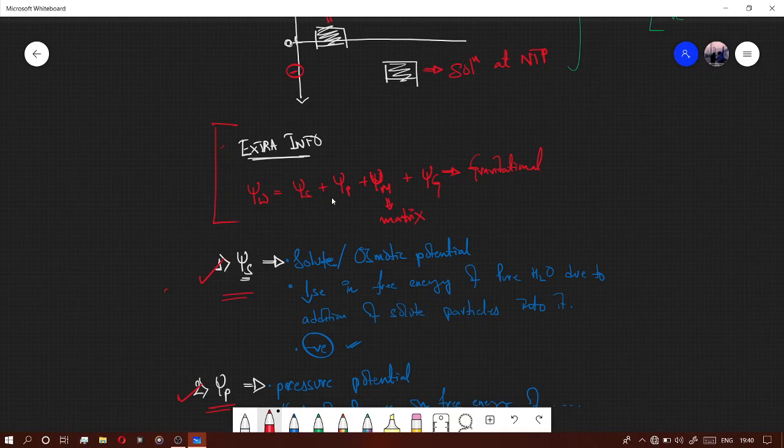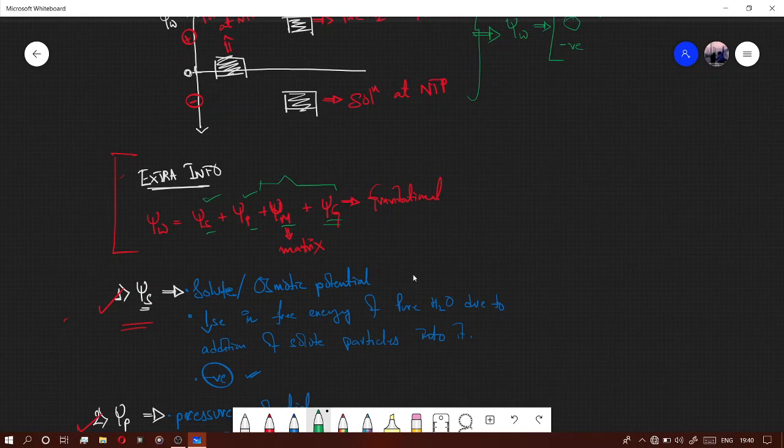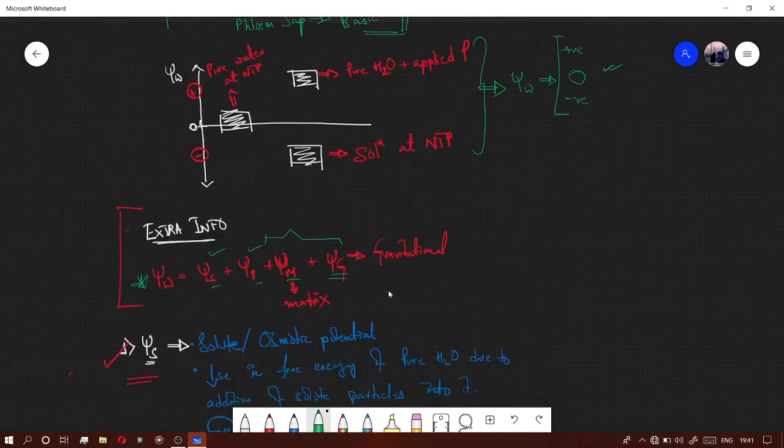And I have said that psi w consists of psi s, psi p, psi m and psi g: solute potential, pressure potential, matrix potential, and gravitational potential. Now these two have negligible values. So to be more precise, negligible.